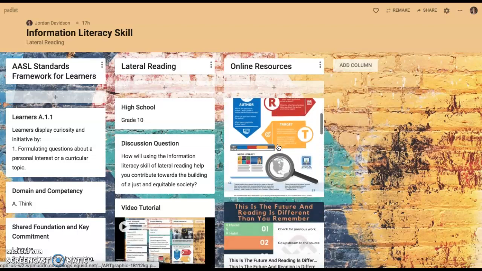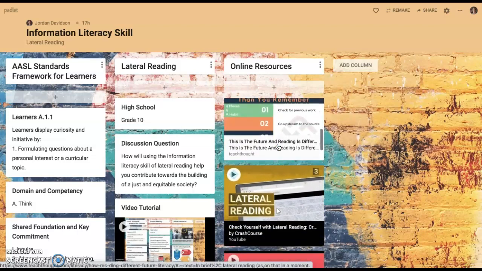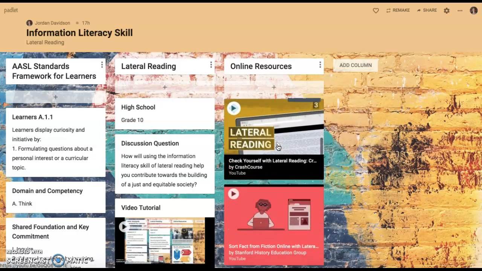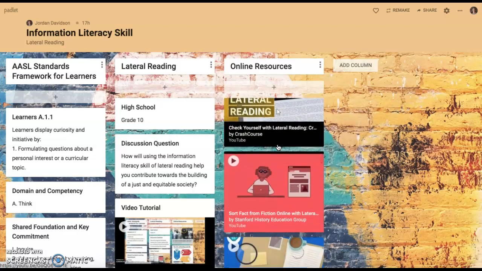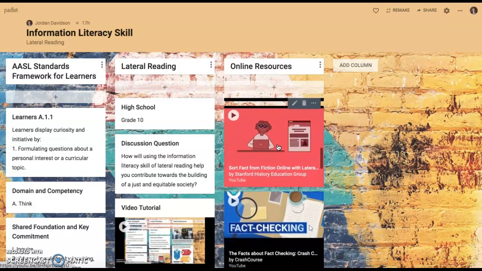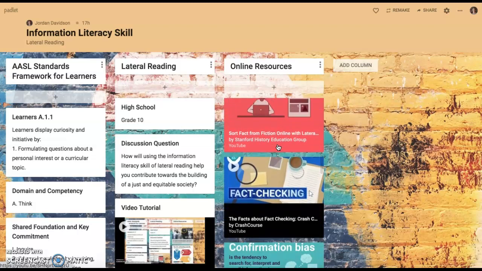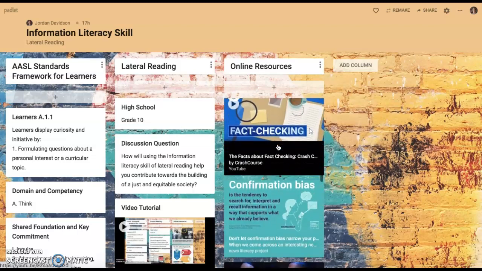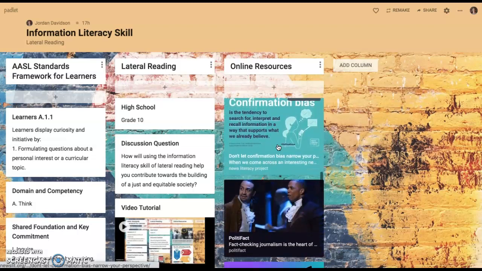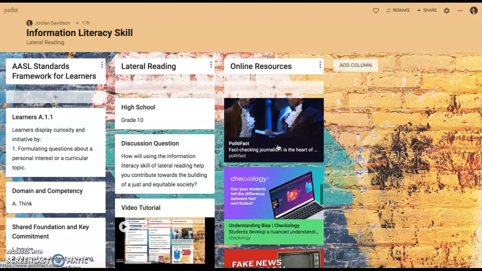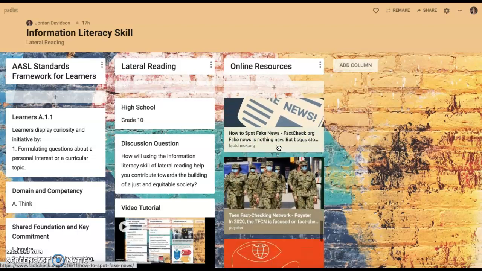Each resource is chronologically placed as a progression to understanding lateral reading. So in effect here, you are reading each of these websites vertically, top to bottom, to find out how to read and search information laterally.